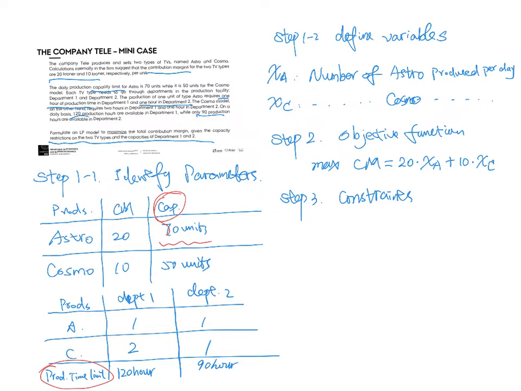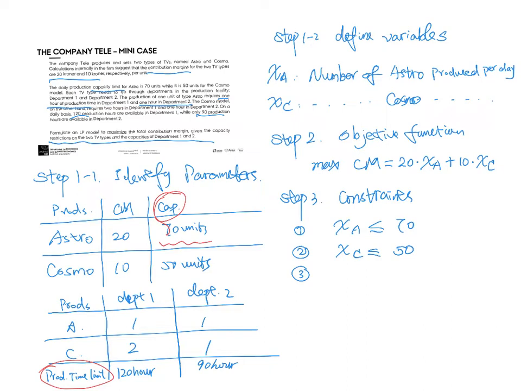So I just write here, you produce XA should not be greater than 70 units. So similar for Cosma, it should be less than or equal to 50 units. So this is constraint 1, constraint 2, and then we have constraint 3 from the production limits.